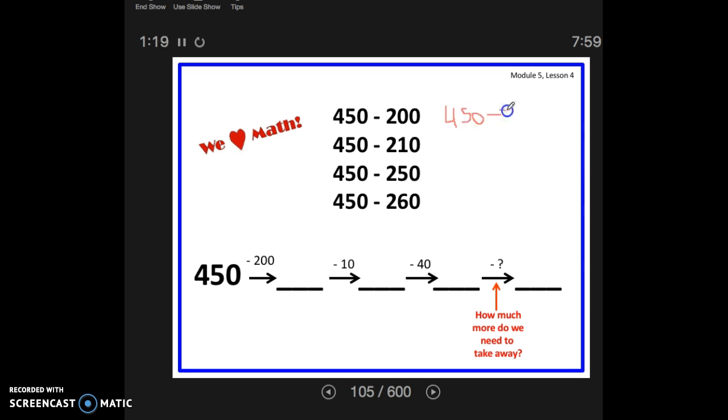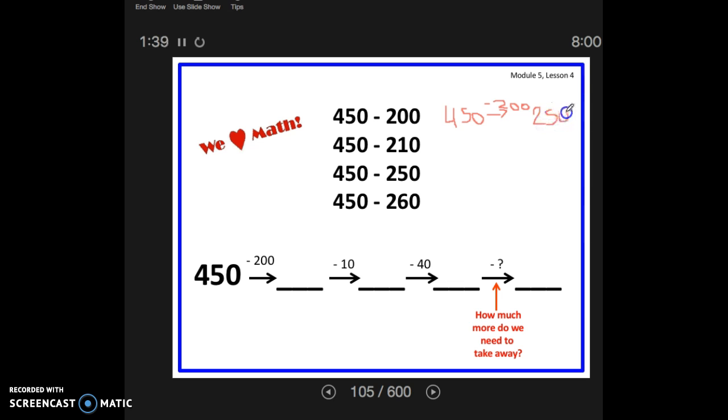So I'm going to draw my arrow, my minus 200. And what do we get? Well, if you remember from yesterday's lesson, we have 4 hundreds minus 2 hundreds equals 2 hundreds, and then we add those tens and ones back in. So that's 250.